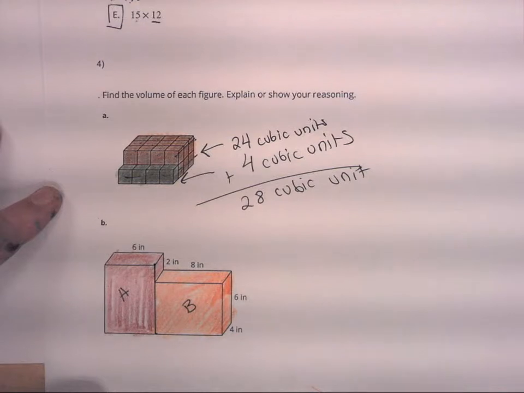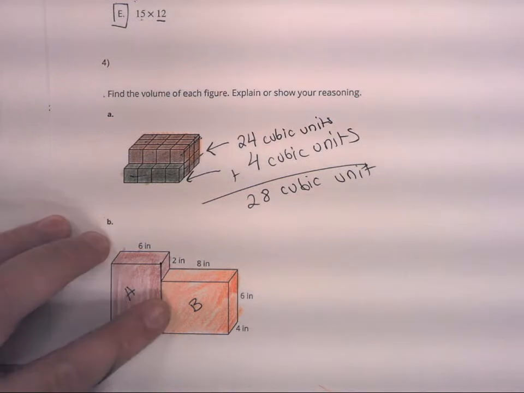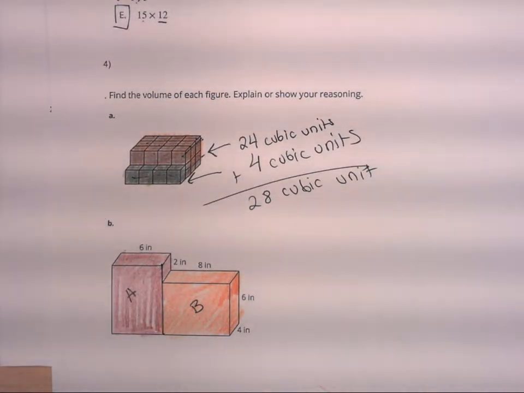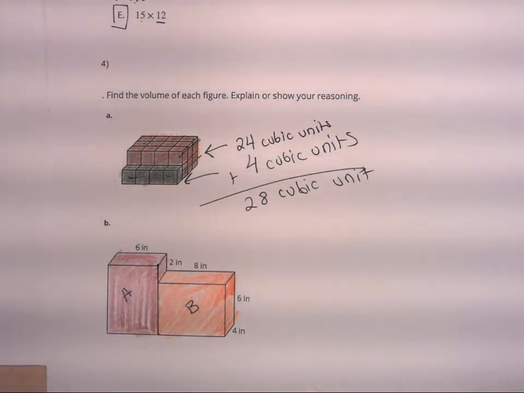Now again, your choice to label is totally optional, and you can label using letters, pictures. You could even name each prism a silly name like Fred and Bob. It doesn't matter. I just like to distinguish the two prisms from each other in order to organize my work.